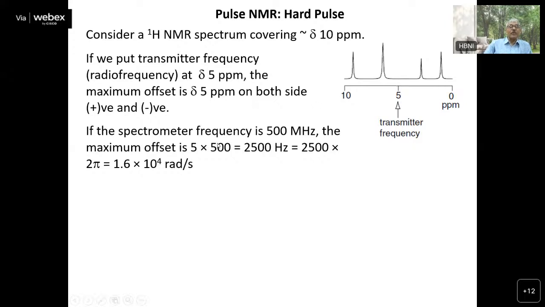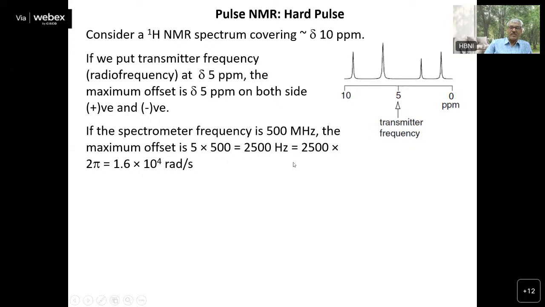If you are using a 500 megahertz spectrometer, then the total offset will be 2500 hertz on each side, since it is 5 ppm times 500 hertz per ppm. I will explain later how we get 500 hertz per ppm. So you have an offset of 2500 hertz on both sides of the transmitter frequency.